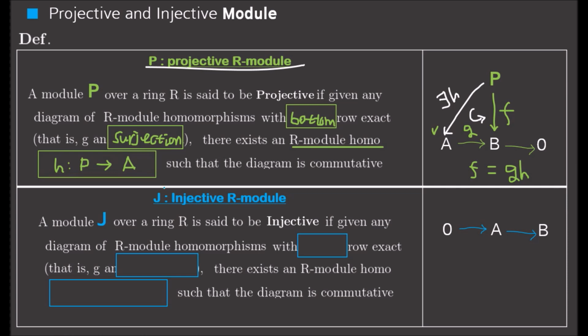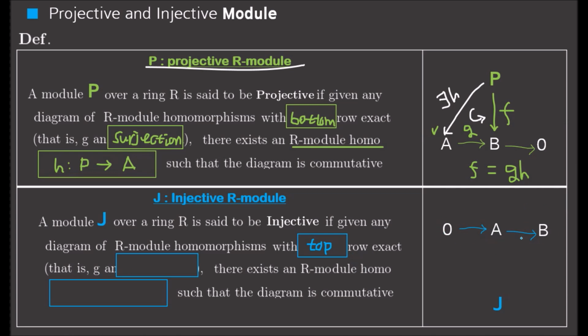Let's see the definition of an injective R-module. A module J over a ring R is said to be injective if, given any diagram of R-module homomorphisms with the top row an exact sequence. If we draw the diagram, this is the top and this is the bottom.